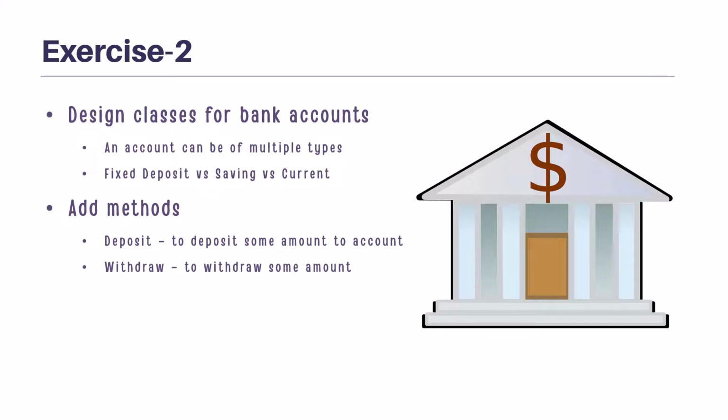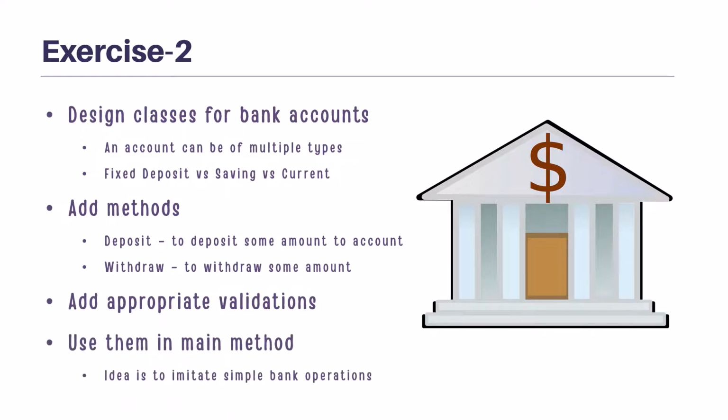And if it is a savings account, then the new balance after the withdraw operation should not be negative. And there can be many such general validations that you might be aware of. Try to implement them. And one hint for you, use one base class account. Derive all other account types from this account class.